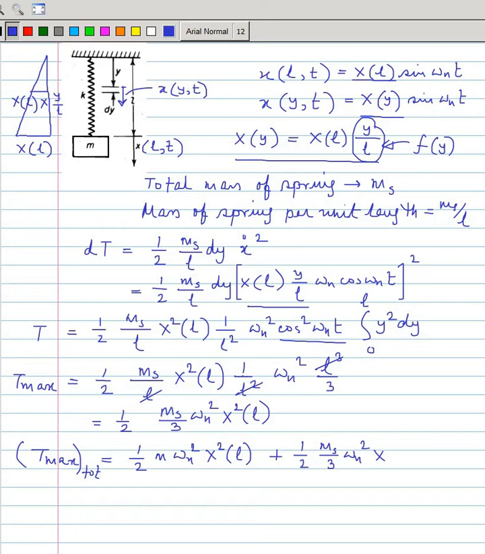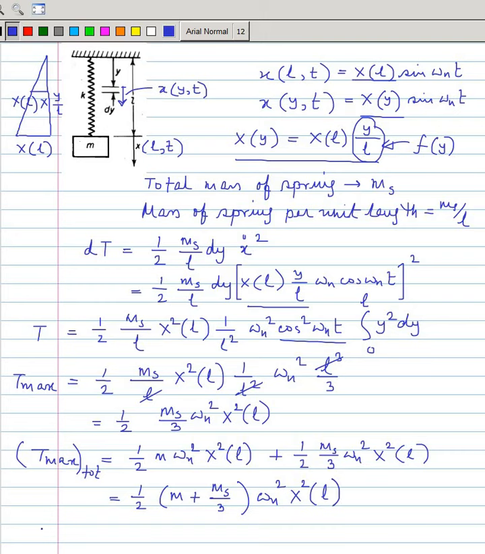If you take the maximum, cos squared ωn t goes, so this remains. So this is half of m plus m_s by 3, ωn squared x_L squared.